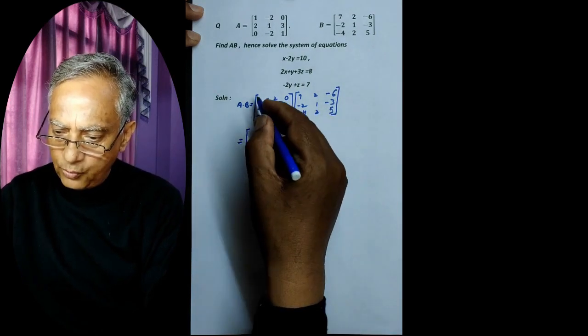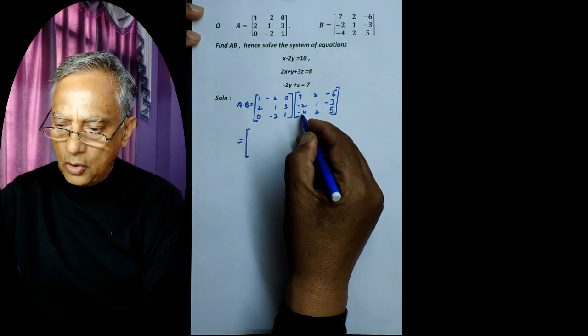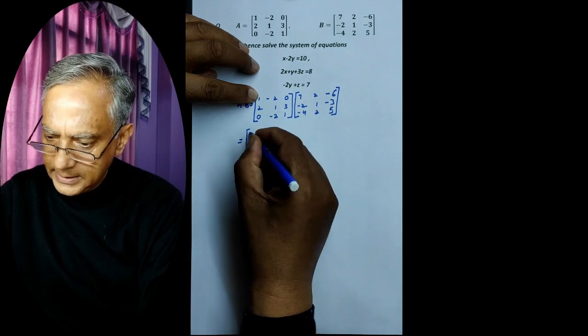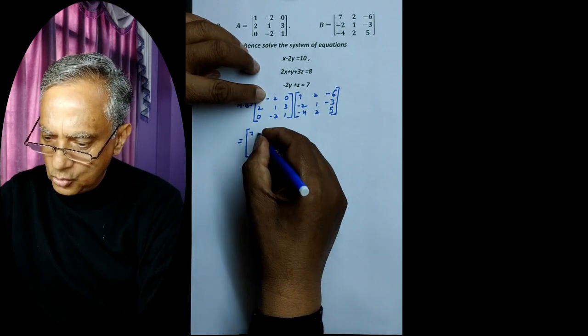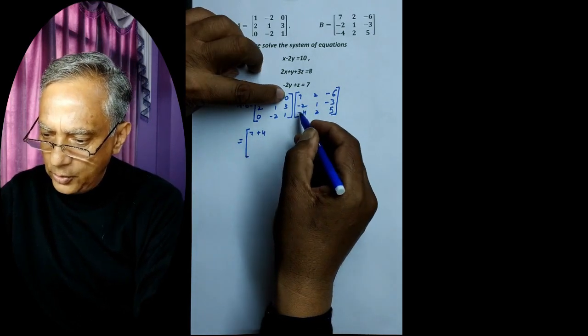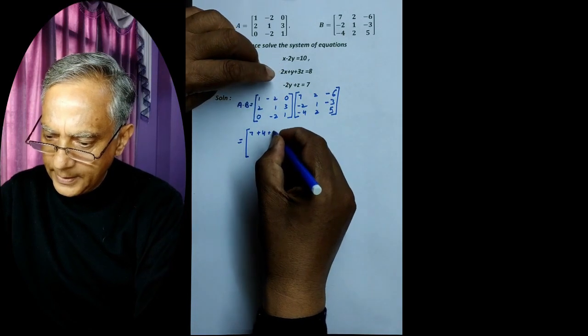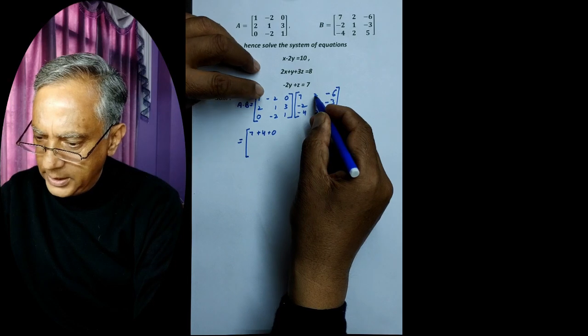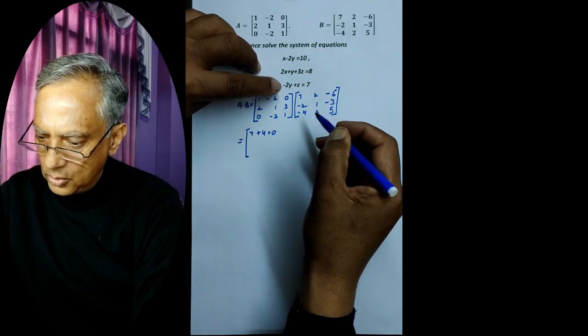So what we do is first row with first column. This will be 1 into 7 is 7, minus 2 into minus 2 is plus 4, 0 into this is 0. Next, 2 into 1 is 2, minus 2 and 0.